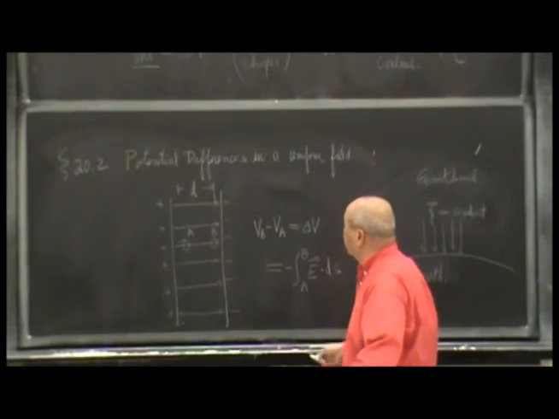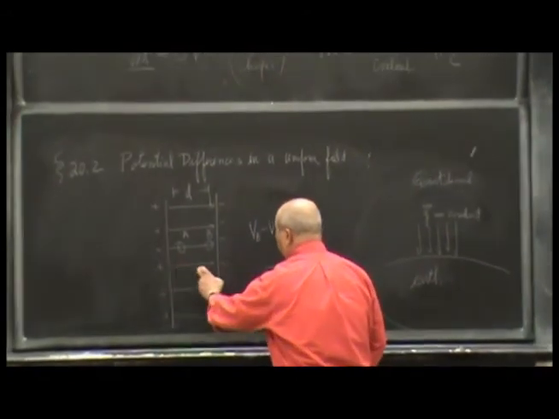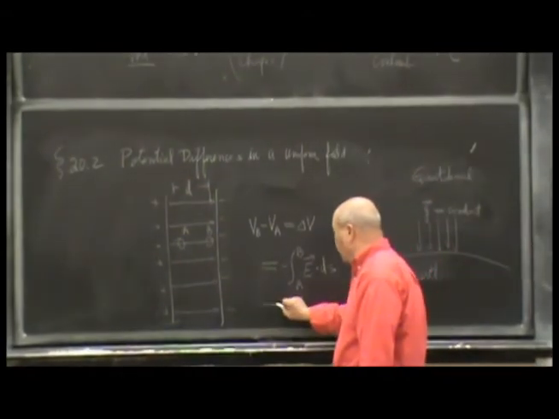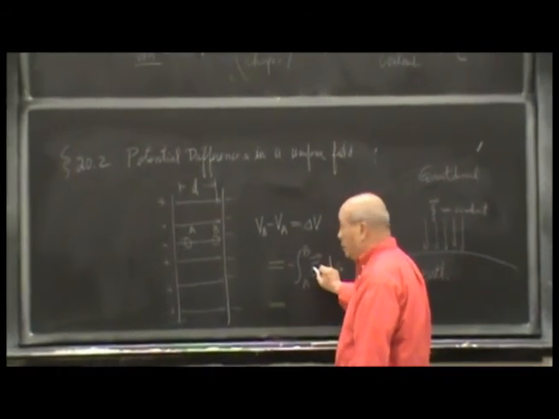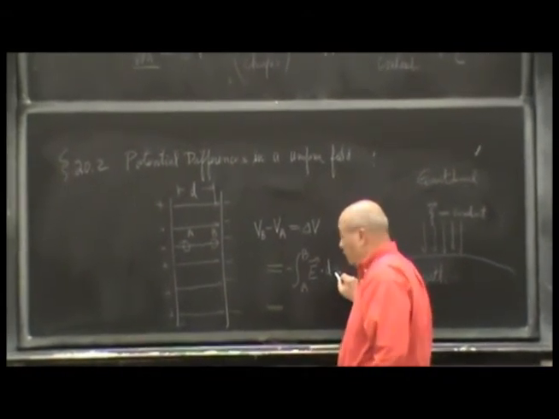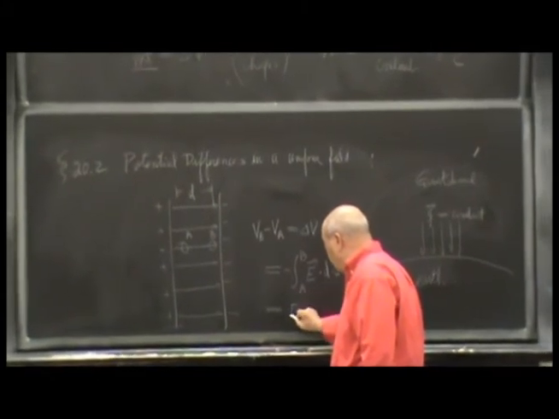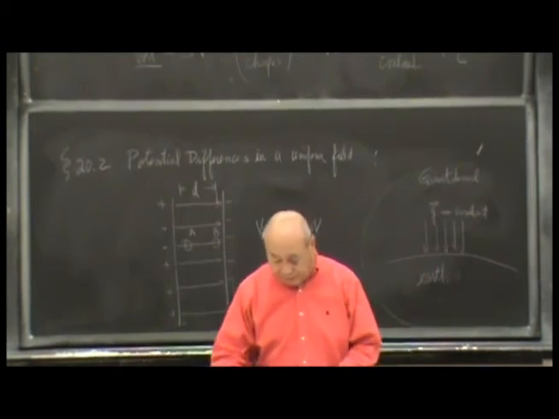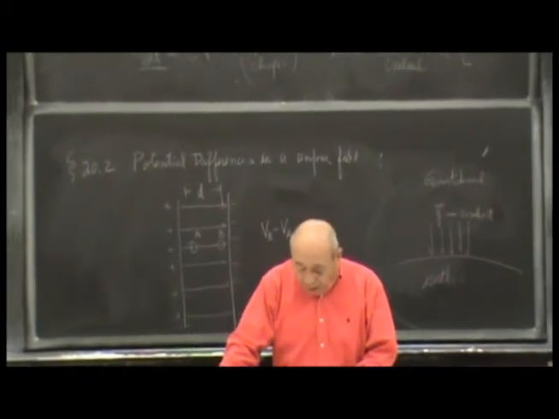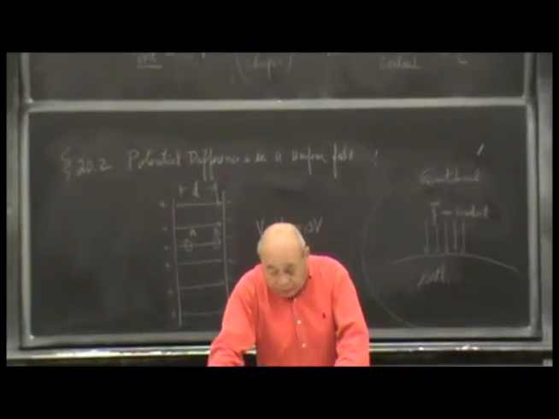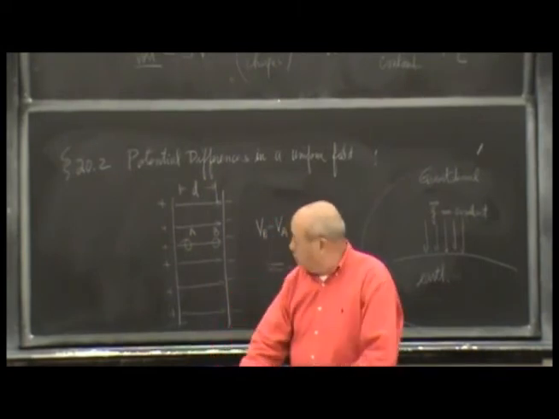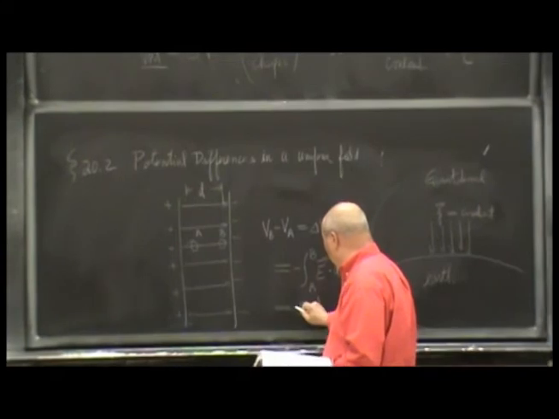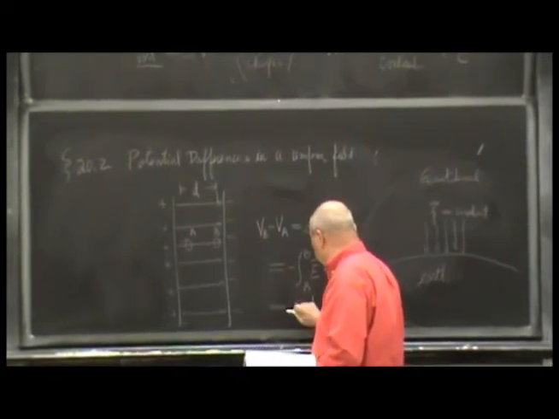Suppose the separation from this location to this location, the distance d, is constant. Then you have a uniform field independent of x, and you have E times d. So that's the voltage difference, with a minus sign: minus E d.